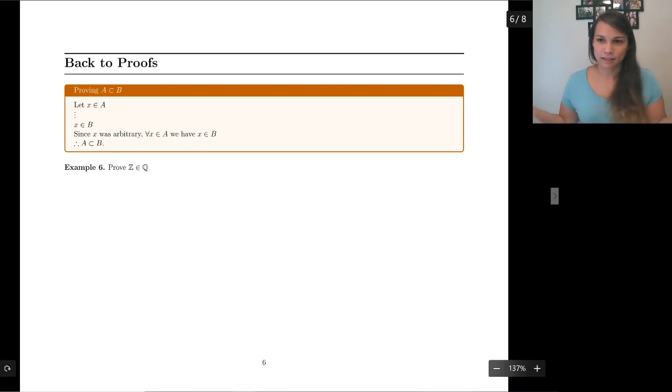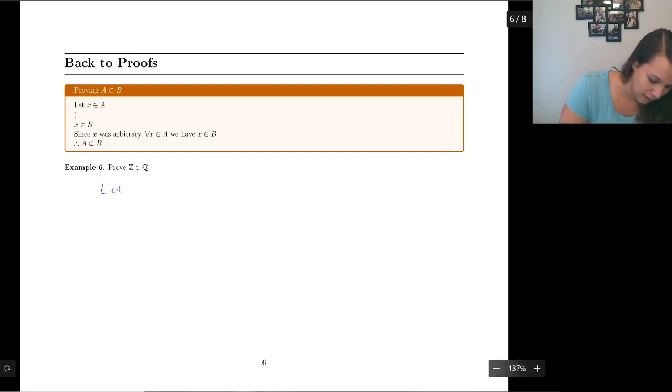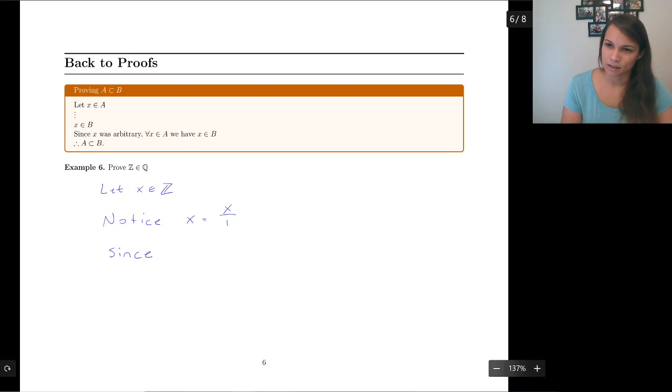For instance, let's prove that the integers are indeed a subset of the rational numbers. We start off with: let x be an element of Z. I would like to point out that x is equal to x over 1. That's getting kind of close to our definition of rationals.